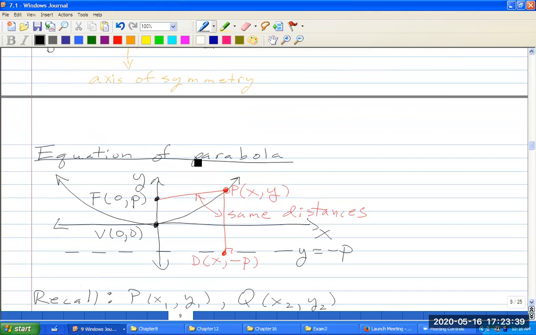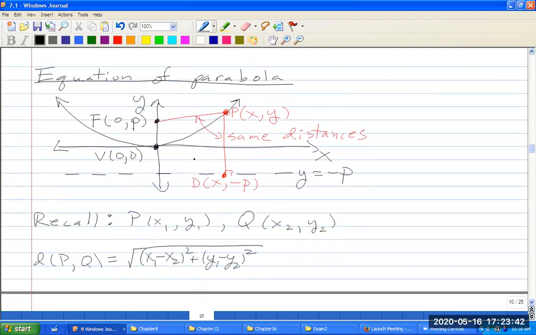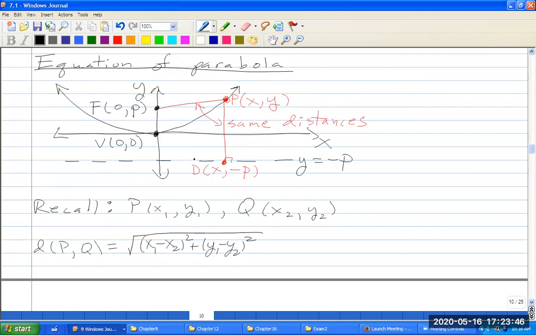So let's try to determine the equation of a parabola. I stated back in chapter 3 or 4 that the equation of a parabola had a certain form, but didn't really say why. So let's try to determine the equation of a parabola.